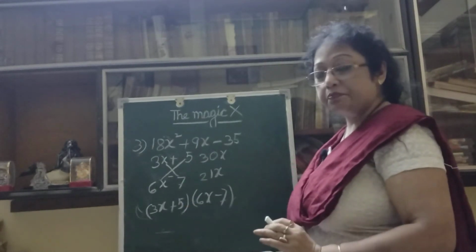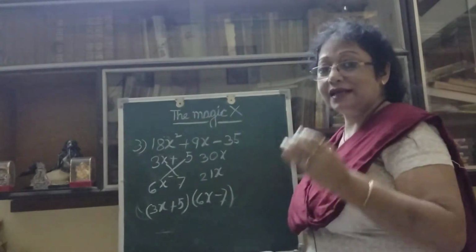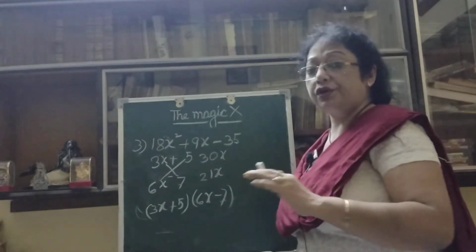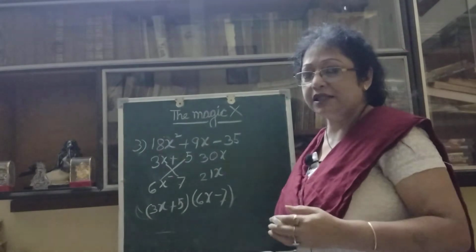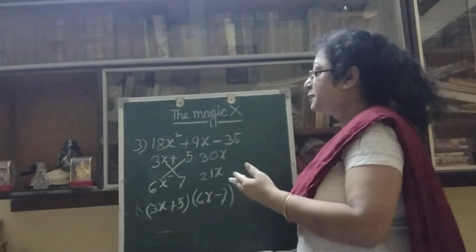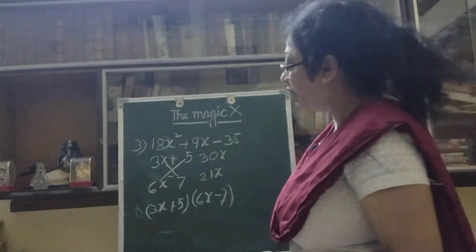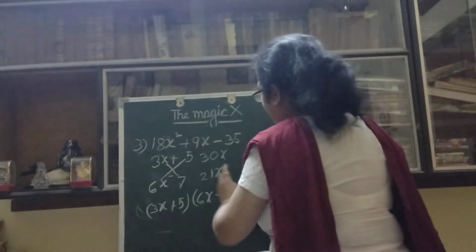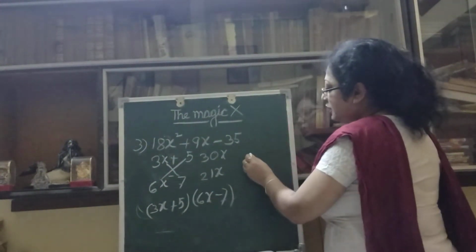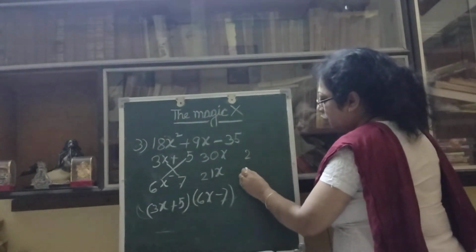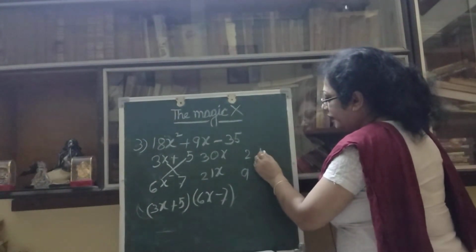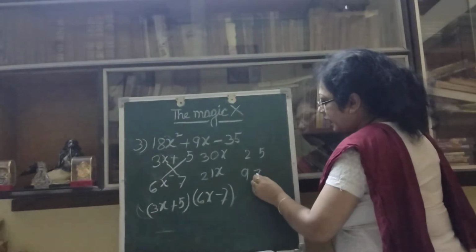It is very simple, but you have to practice at least 15, 20, 25 sums to gather the experience about which factor you will choose. I am telling you how you will understand. Suppose I have written here 2 9s are 18, 2 9 and 5 7.